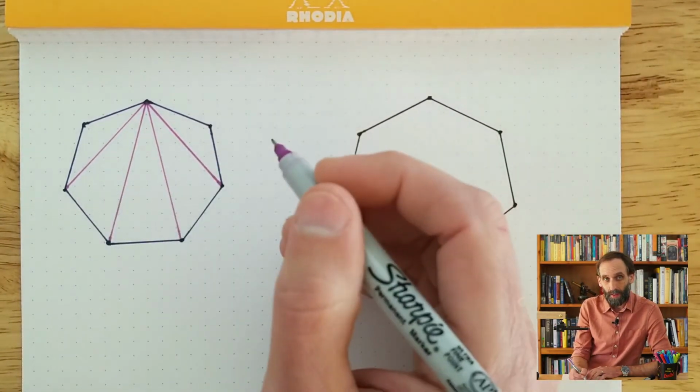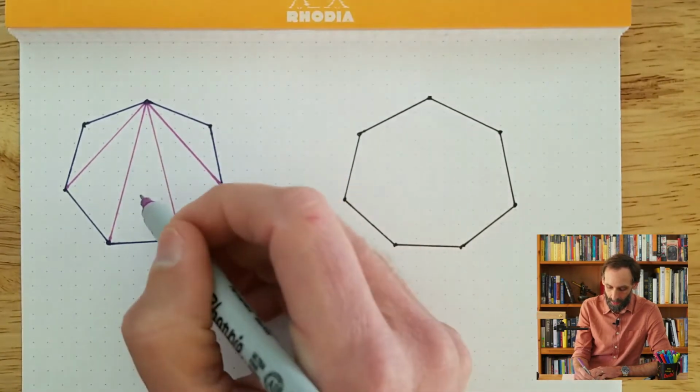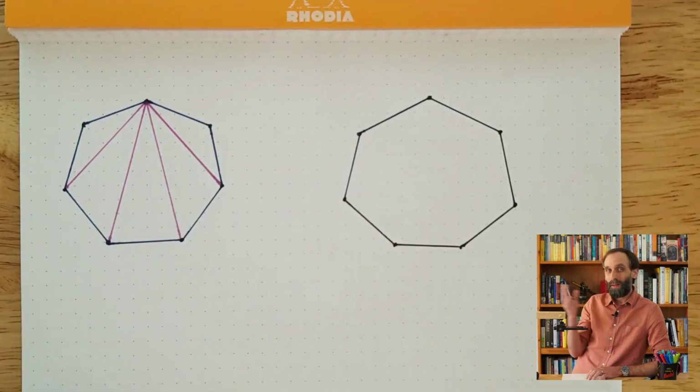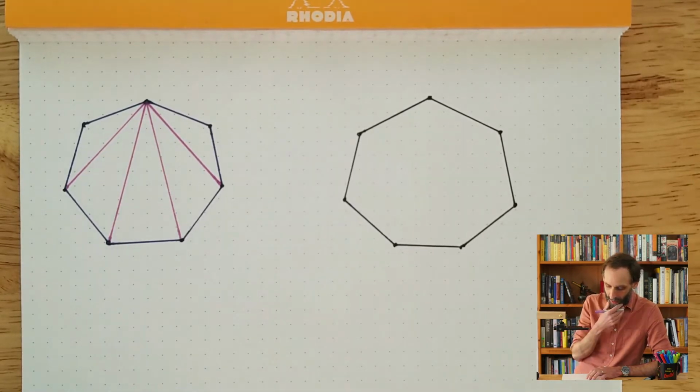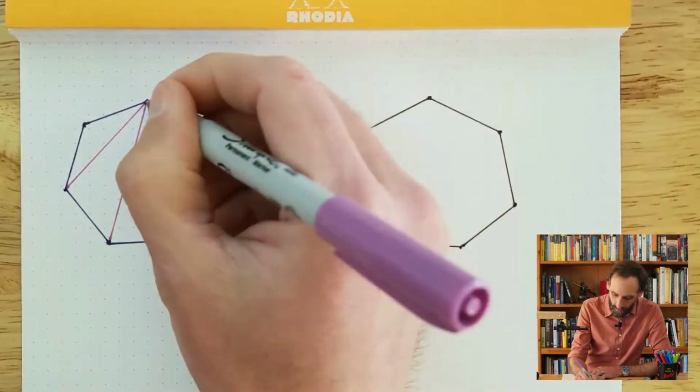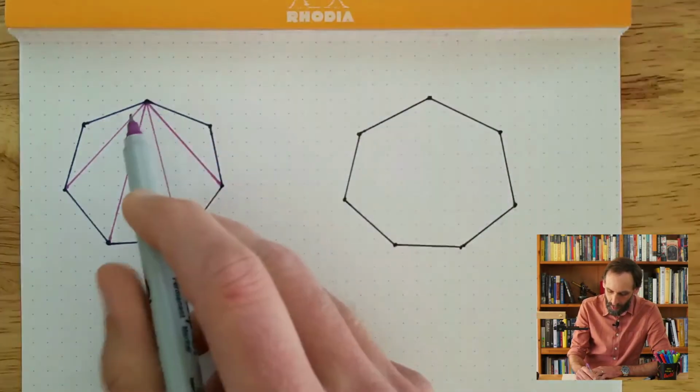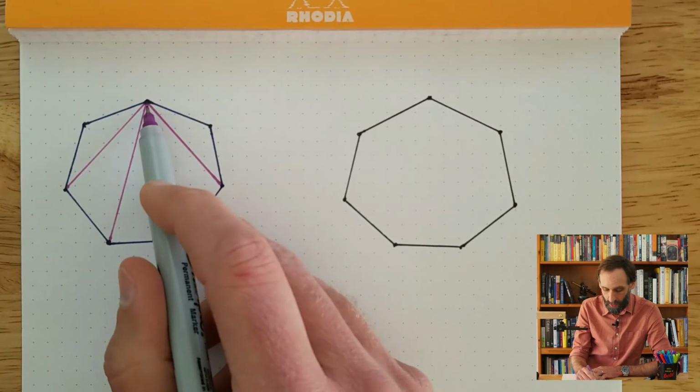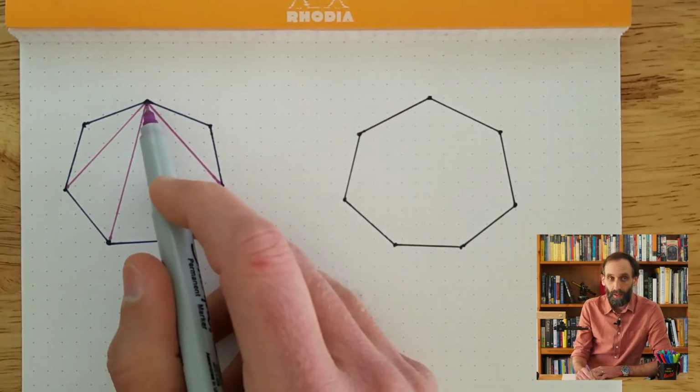How many triangles are there? We can easily count 1, 2, 3, 4, 5. But imagine if we're going to use this method for any number of sides. Well, there are a couple different ways to think about it, but one is this. From the perspective of this point, which is a vertex of all the triangles, how many triangles are there?